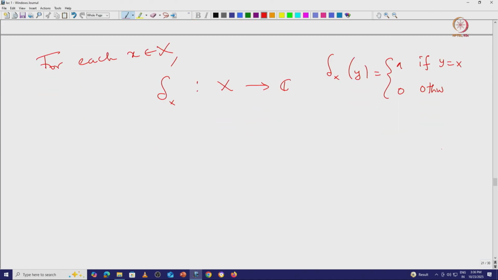It is an easy exercise to prove that the collection of these delta functions delta_x, x in X, indeed forms a basis of this vector space C^X. In fact, it is more than a basis, it is an orthonormal basis with respect to the standard inner product that we now define.